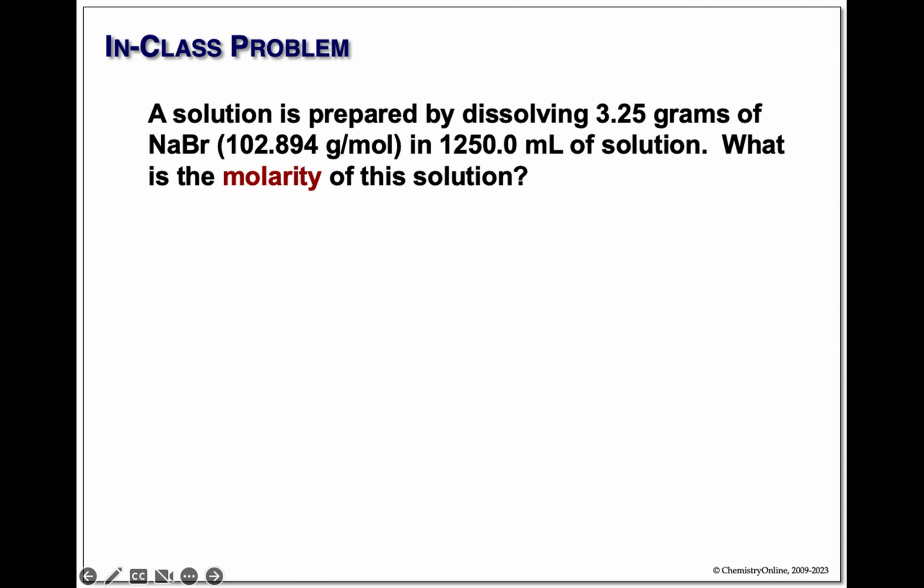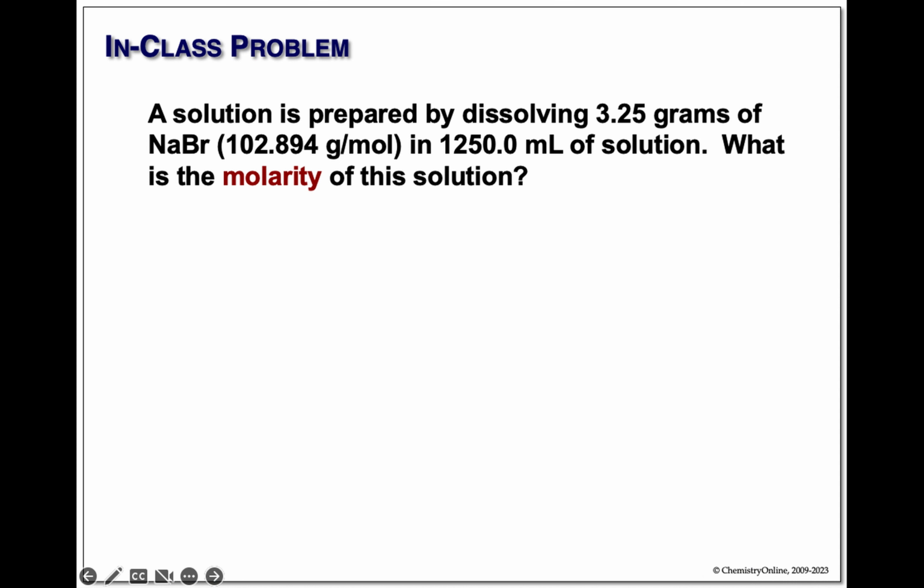Here we're going to take sodium bromide. We have 3.25 grams, molar mass is 102 grams per mole. And we have this in 1,250 milliliters of solution. What is the molarity? Well, in order to do this, we need to know the number of moles of sodium bromide.